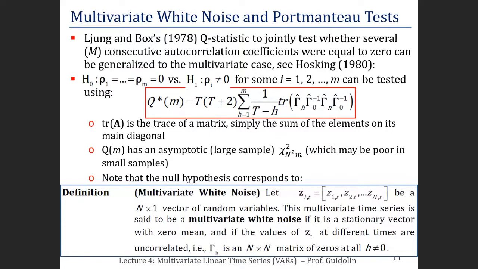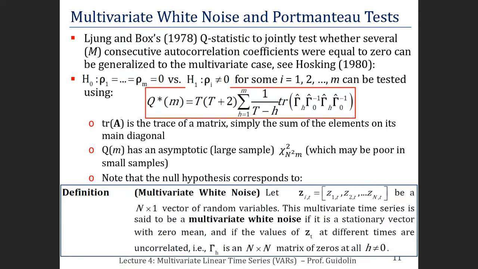So what is a multivariate white noise? Well, it's not one single z, it is a vector of z's now. It is a vector in which all the elements, so all the time series which appear in the vector, are themselves white noise, and on top of that, not only does each of the z's have no memory for its past and no predictive power for its future, but each of the z's has no memory for the past of other z's, of other white noise in the vector, and it has no predictive power for any of the variables which belong to the multivariate white noise vector.